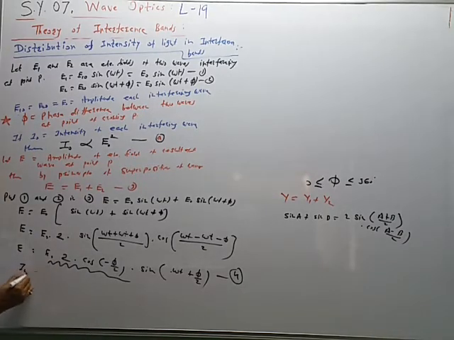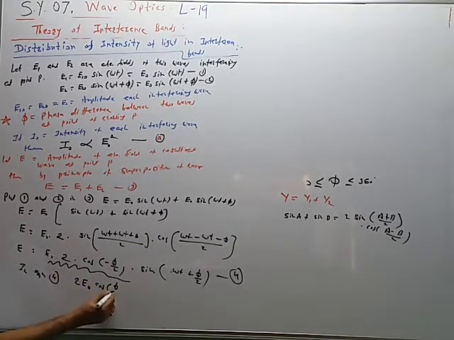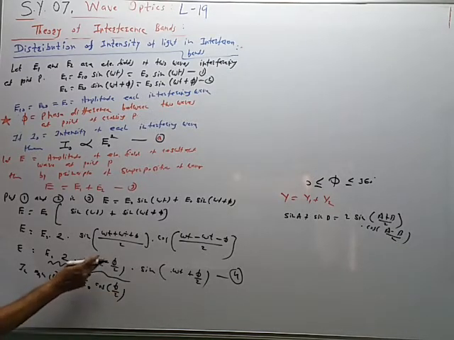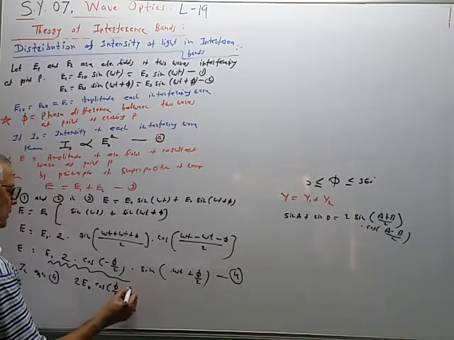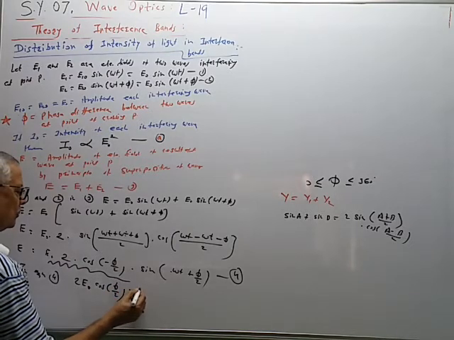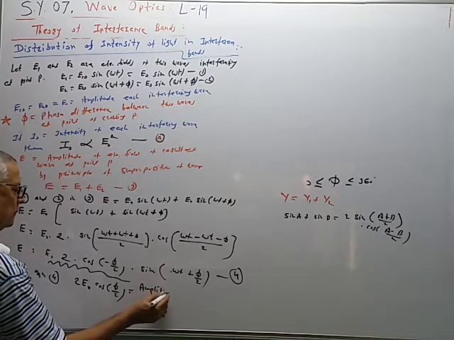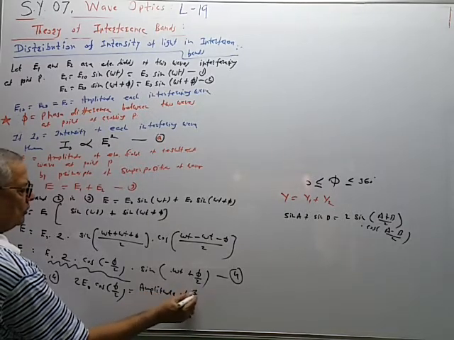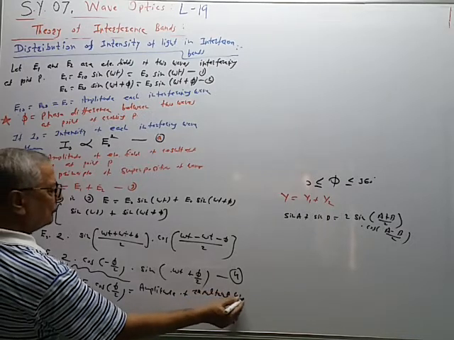In equation 4, 2 times E0 cos of phi by 2 is equal to the amplitude of the resultant wave.